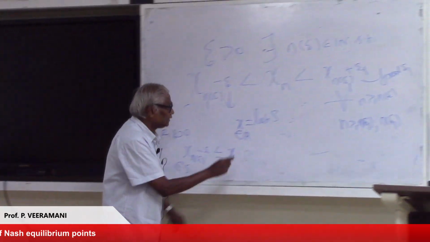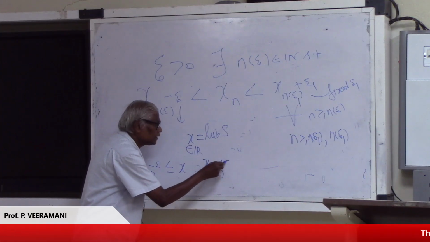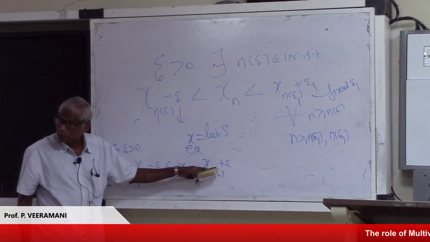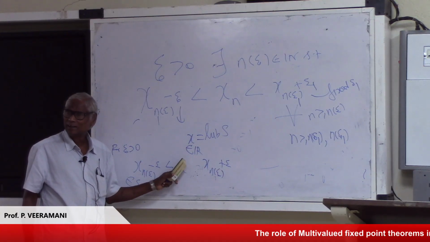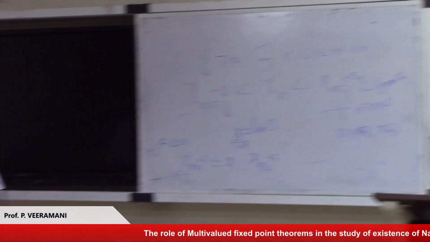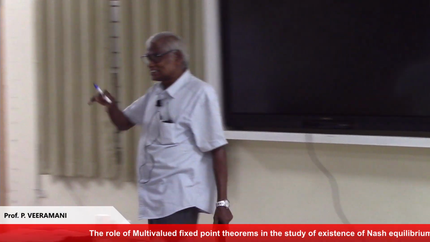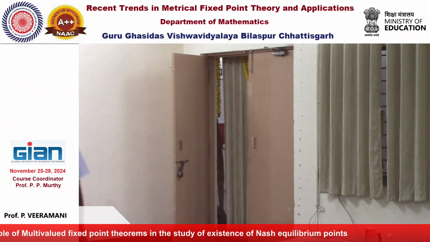And x n of the same epsilon plus epsilon is an upper bound for S, and x is the least upper bound, so x is at most x suffix n of epsilon plus epsilon, which is an upper bound.